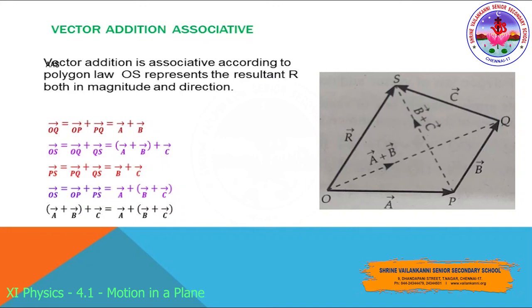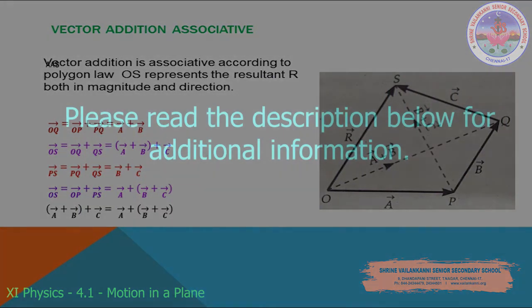Is it right? So through this addition or composition of vectors, you must know the various laws of vector addition and how vector addition is proved through the commutative property and the associative property we have seen. Thank you.